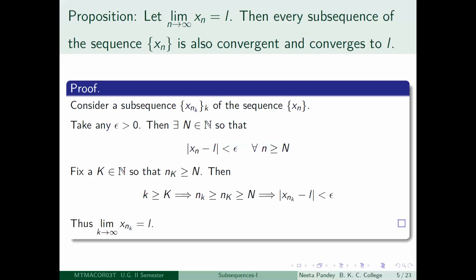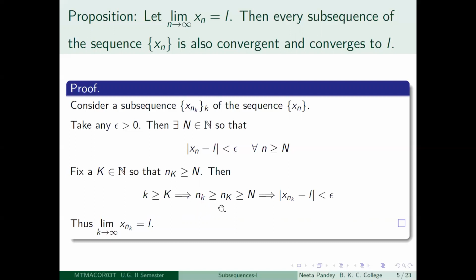So once I have agreed that I will be able to get such an n capital K, then notice what happens: if you look at little k greater than or equal to capital K, then n little k will be greater than or equal to n capital K, because n little k is a monotonically increasing sequence.